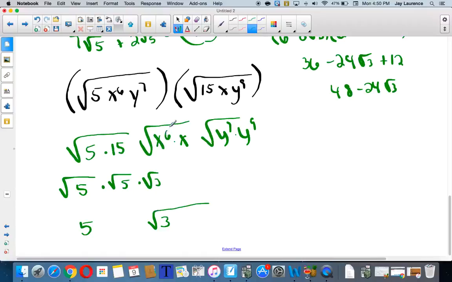Here, this is a perfect square, so that's going to be an x cubed and then a plain old x. Here, I'm going to have y to the 16th, which the square root of is y to the 8th, and nothing's going to be left inside, and there you go.